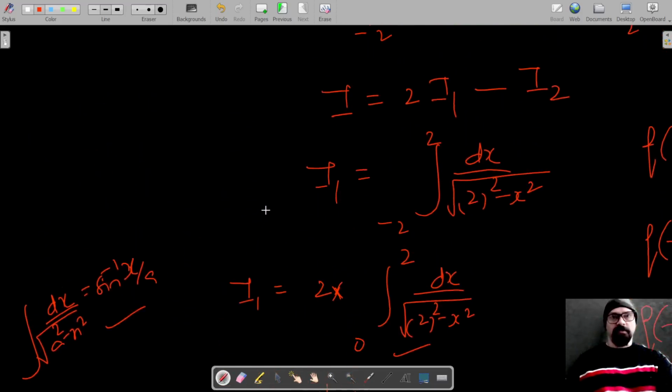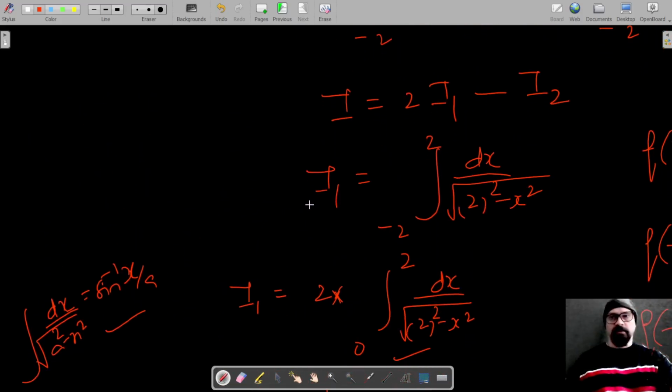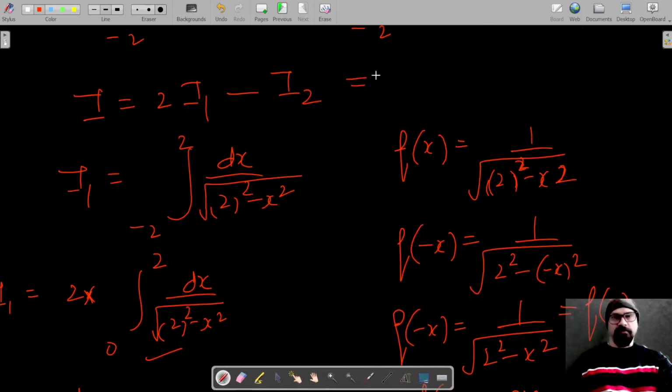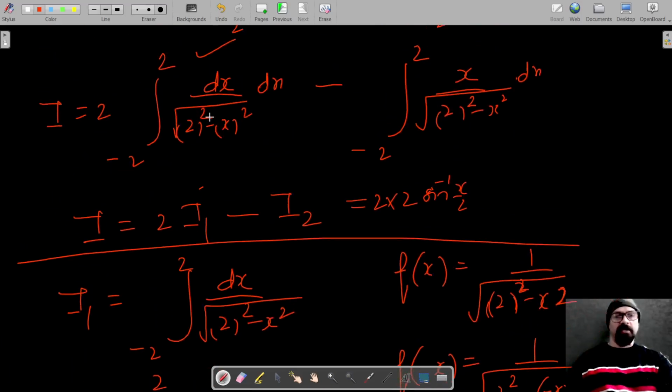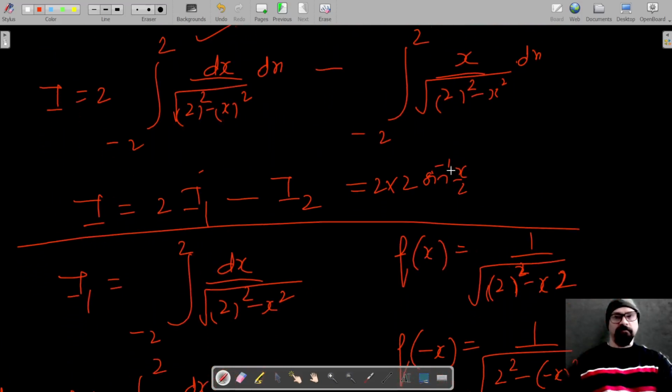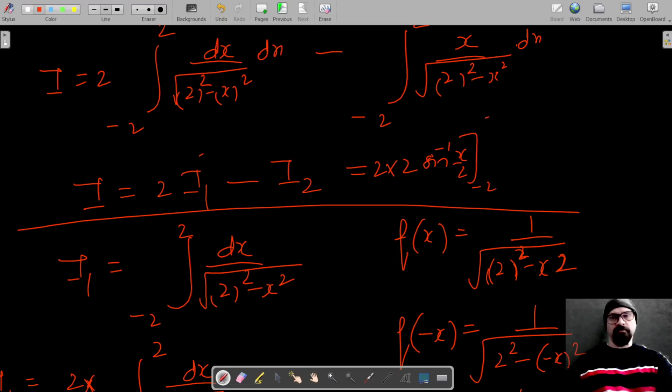So let's replace the value of I1, which is 2 into sine inverse x by 2, with the limits minus 2 to 2.